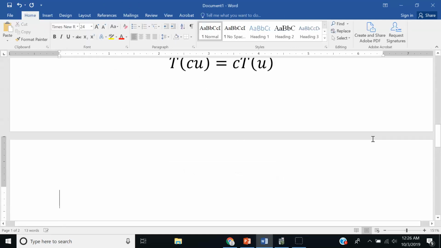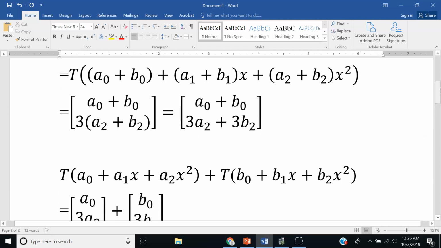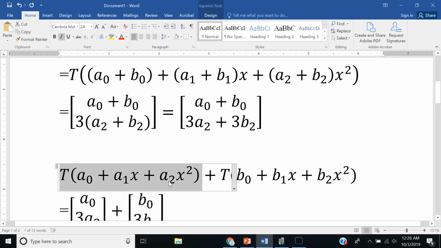So in this example, let's do the same thing.